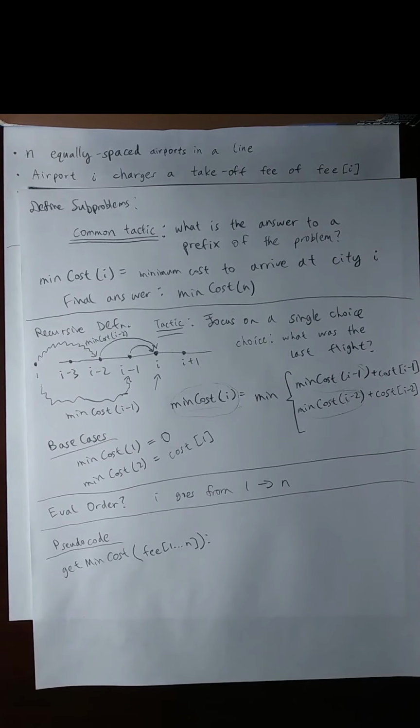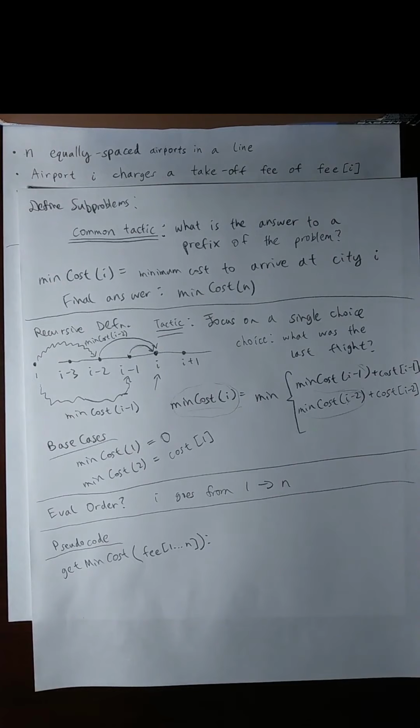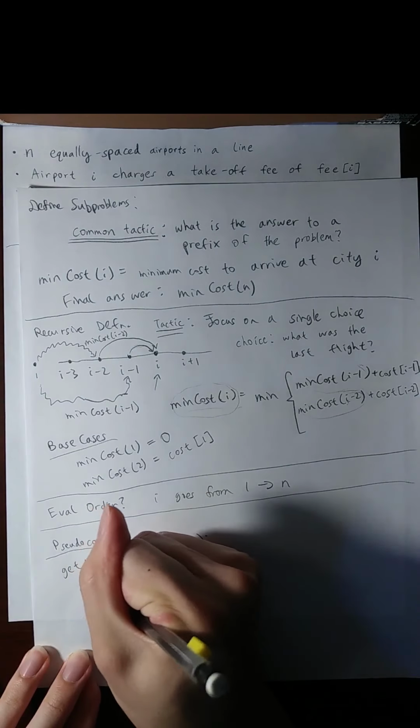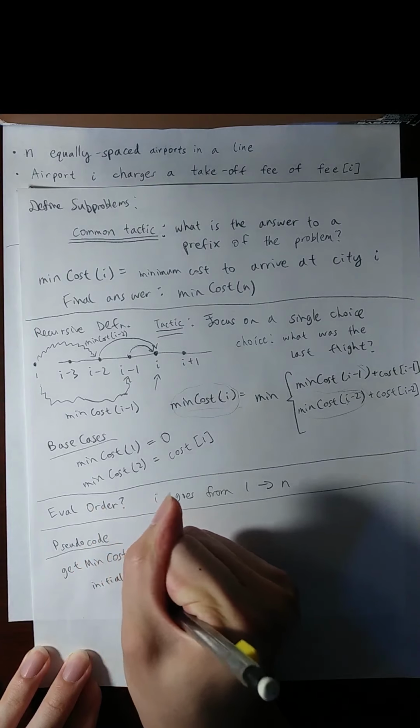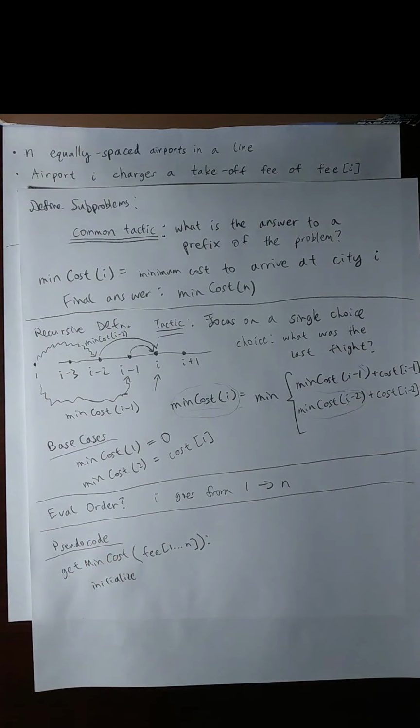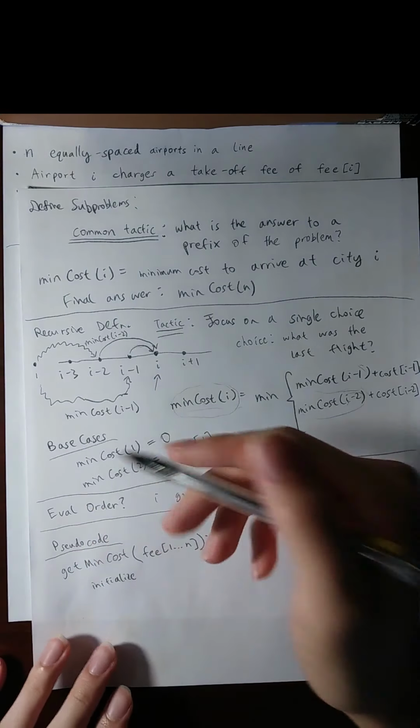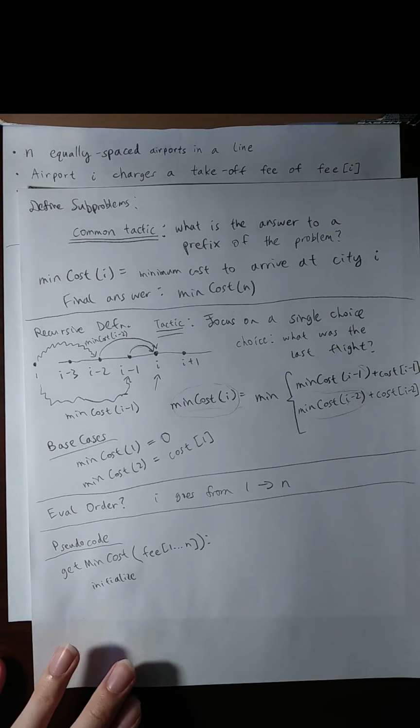And then first, we can initialize the data structure that we're going to use to remember these subproblems. And here it makes sense just to use an array. So we're initializing an array just to store all of the answers to our subproblems, which allows us not to recompute them.